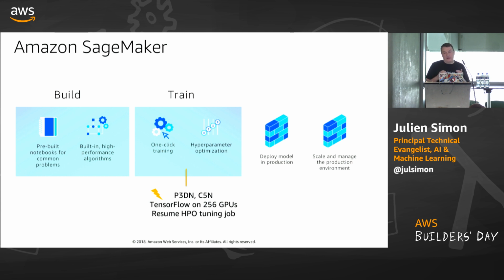And the fastest single core clock speed available at 3.5 gigahertz. We optimized TensorFlow to scale linearly up to 256 GPUs. And now if you do hyperparameter optimization, you can actually resume from a previous job. You don't have to start all over again.